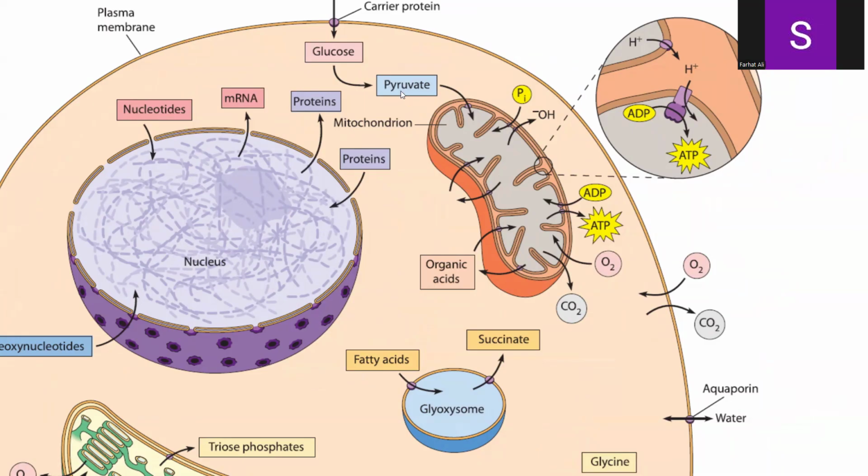So the transport of glucose in the cell and then transport of the intermediates into the mitochondrial membrane, and then the redox reactions take place, eventually would generate a gradient of protons in the intermembrane space. This gradient of protons is then used for synthesis of ATP.